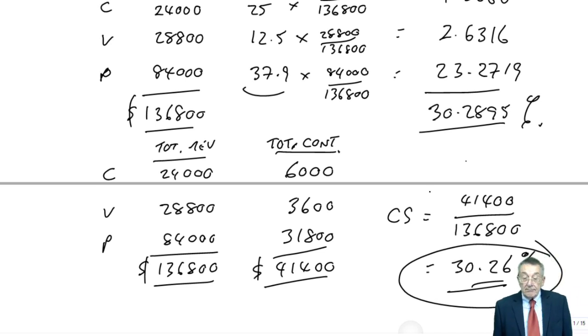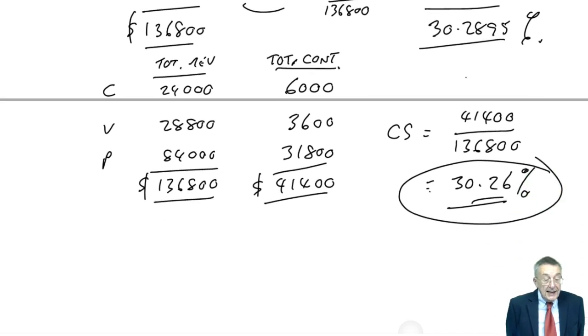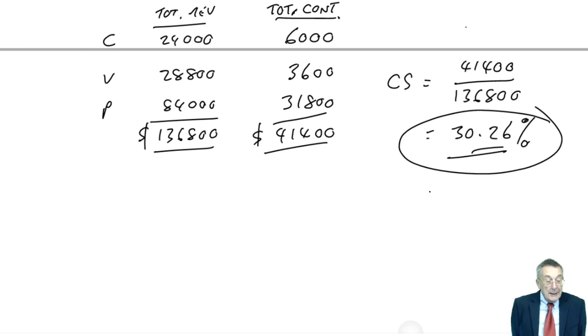Having said that, look at part C, which now should be very easy. It says calculate the break-even revenue, assuming that the mix remains unchanged. So if the mix remains unchanged, the CS ratio will be unchanged at 30.26% overall.